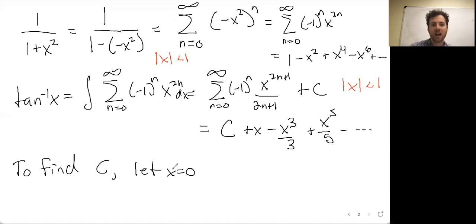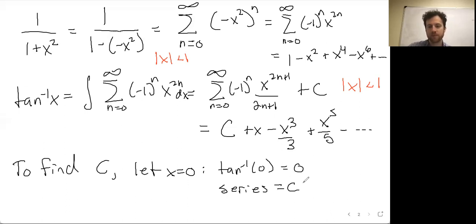And we can do this by actually testing a point and seeing what happens. If we put 0 into inverse tangent, we get 0. And if we put 0 into the series, all of these terms become 0. We get C. So in this case, it turns out that there is no constant.